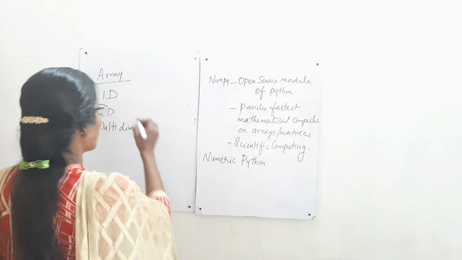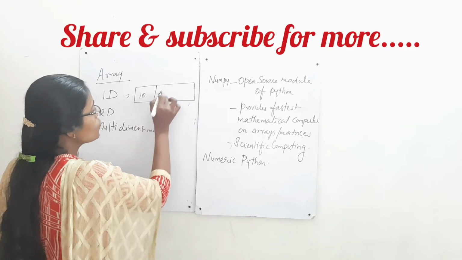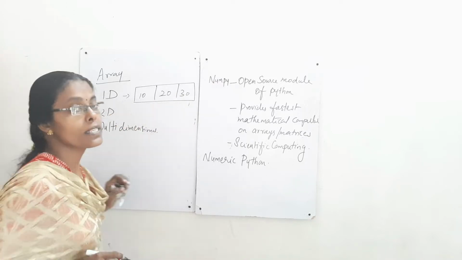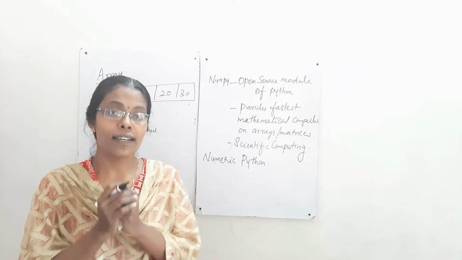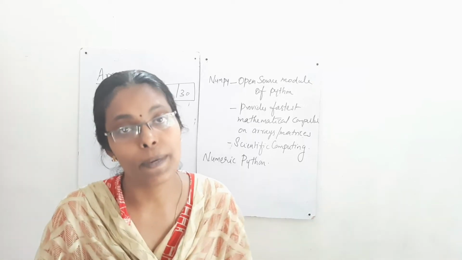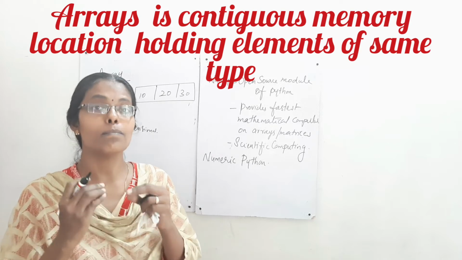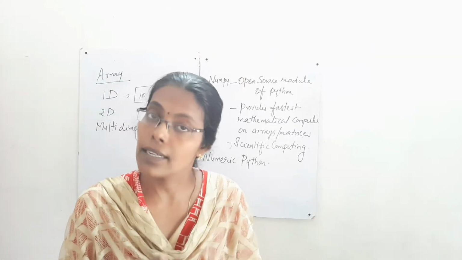I can show you that if I am storing like this, 10, 20 and 30. See, this is a representation of a one-dimensional array. And in an array, there is an index and an element. So, what is index? Index is the position number, just to identify the specific element in an array.